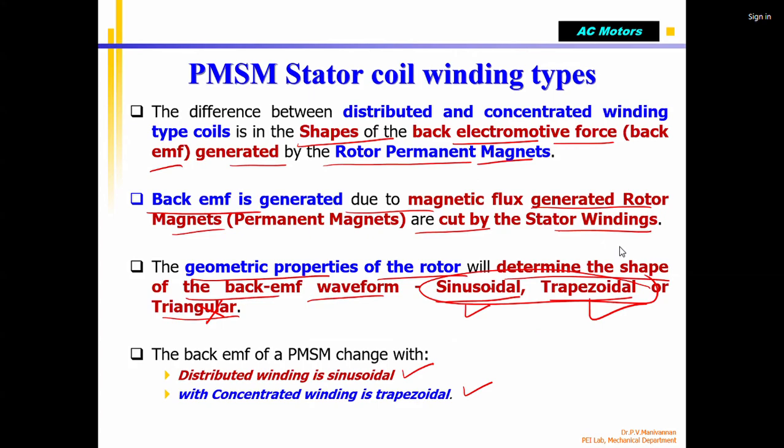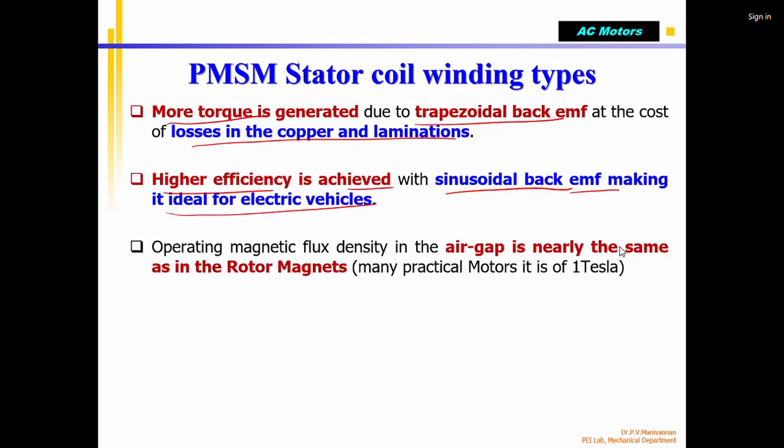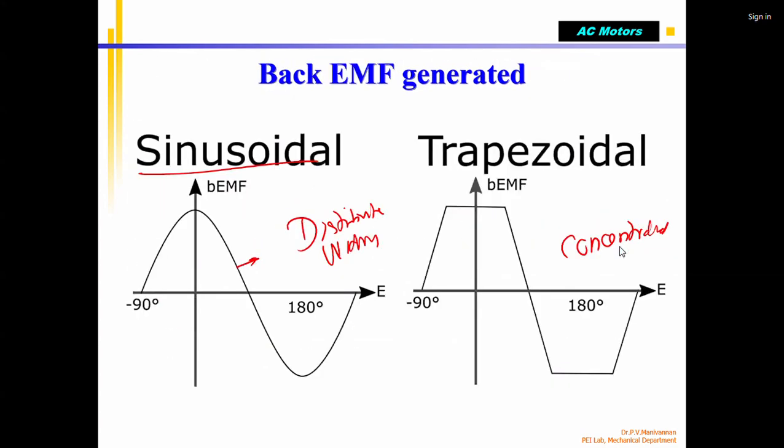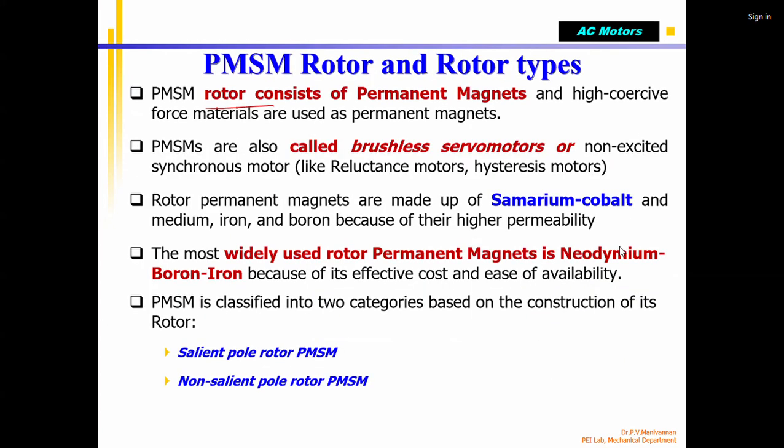If it is trapezoidal, high torque can be generated, but more copper and core loss will be there. But if it is distributed winding, a sinusoidal type of back EMF will be created. In that case, it will be smooth with fewer losses, but the torque generated will be lesser compared to trapezoidal winding. So based on that, you can decide.